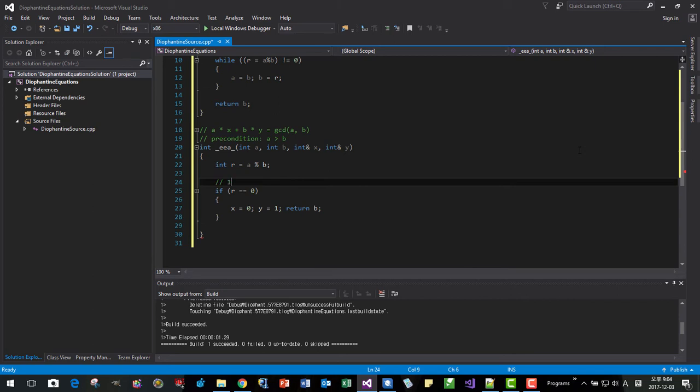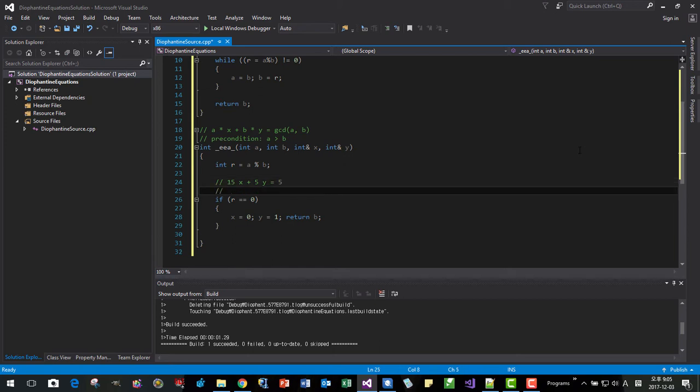For example, 15x plus 5y equals 5, then x should be 0, and y should be 1.